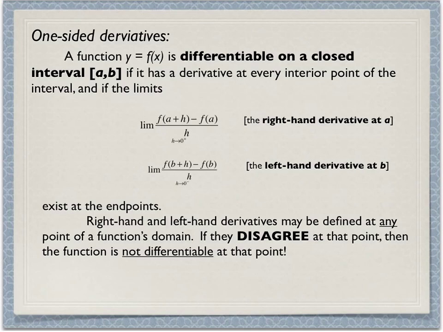And you may remember, as we talked about limits, in order for a limit to exist, that left-hand limit had to be the same as the right-hand limit. Kind of the same thing here. In order for a function to have a derivative or be differentiable, these left-hand and right-hand limits have to agree. And we'll be doing some work with that.